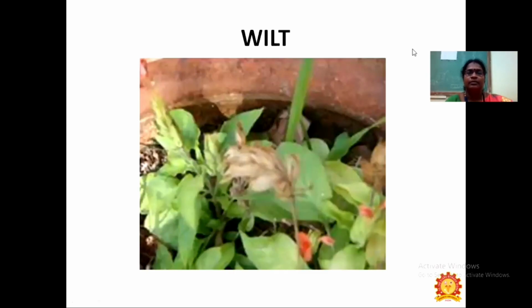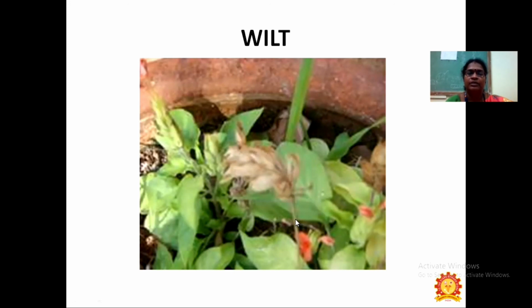So these are the symptoms of wilt showing in the younger plant of Crossandra. You can see that wilt starts at the younger stage, in the small plant stage, and it dries from the tip of the plant and moves down towards the root.